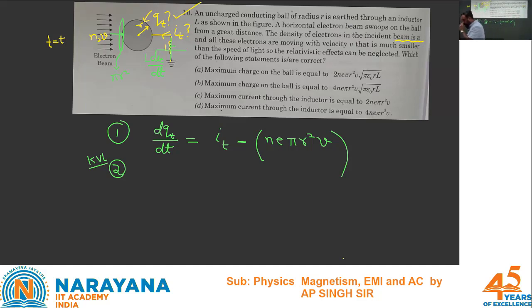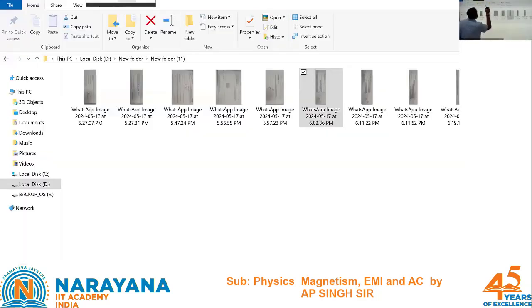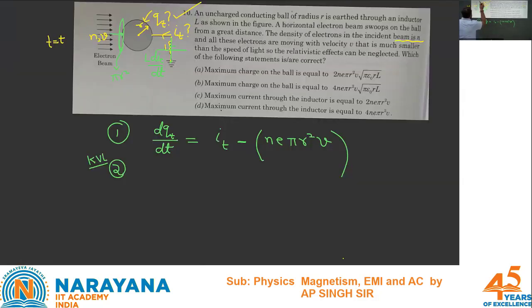So practically it is a problem of LC oscillation, because if you look at this surface, again I'm presuming that this sphere is forming a capacitor with infinity. It's forming a capacitance with infinity, and that is again at 0. So I want to write the net potential drop from this point till infinity by KVL.